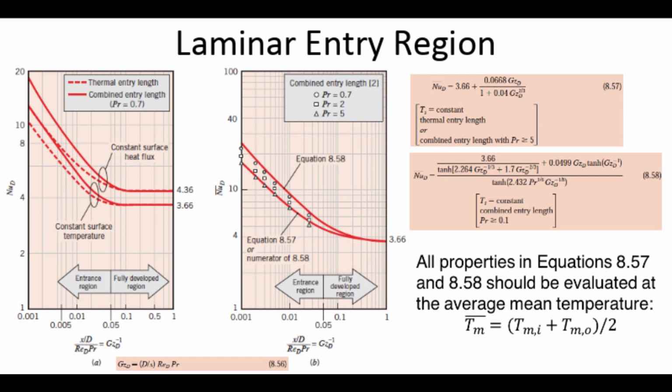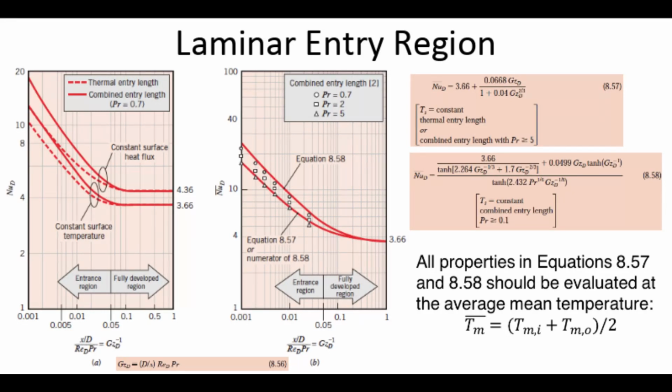All those correlations are not necessary to memorize, they will all be provided in the formula sheet. They are plotted against a dimensionless parameter termed the Graetz number here, as the ratio of x, the length of the tube, over the diameter of the tube, then divided by the Reynolds number and the Prandtl number. All the thermal properties like k, alpha, and viscosity, we should evaluate at what they call the average mean temperature.